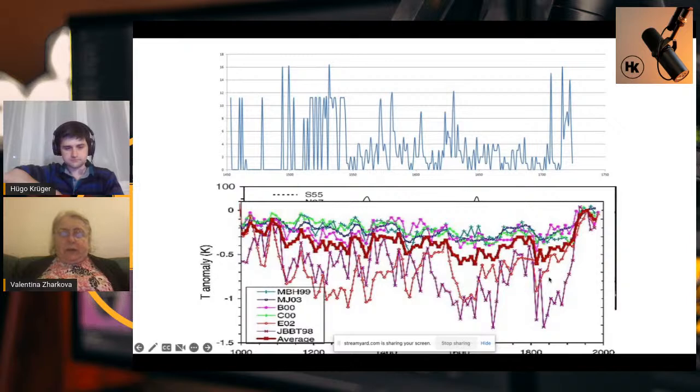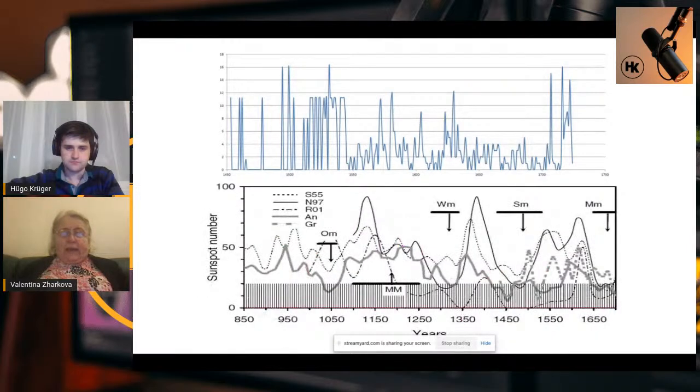In the Spörer minimum, the temperature here, the red, has a maximum. It corresponds to our grand maximum of the grand solar cycle and not a minimum. You see that? It has a maximum between 1400 and 1500.